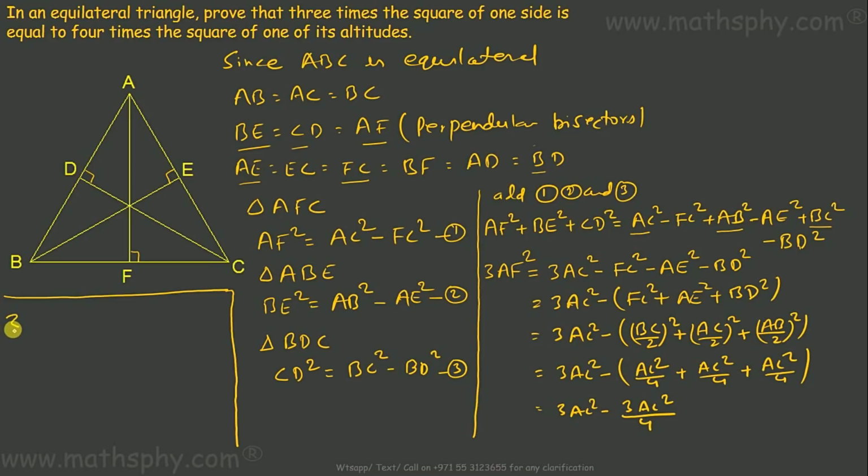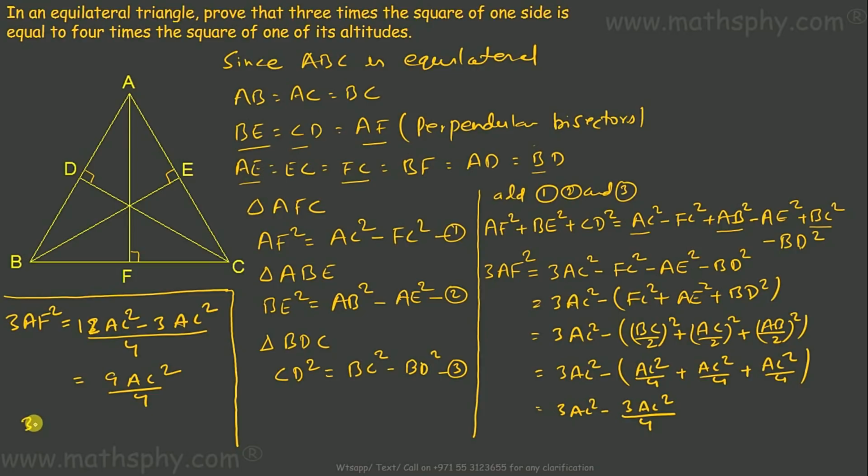So 3AF square equals to, you solve this, gets you 12AC square minus 3AC square over 4, okay, which is 9AC square over 4.